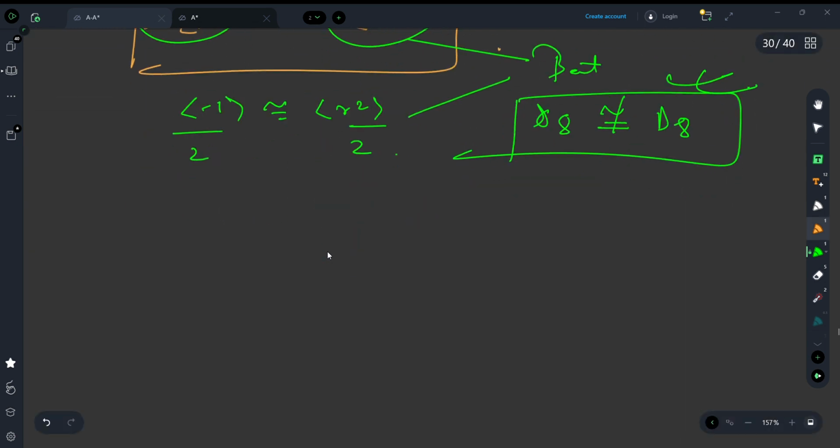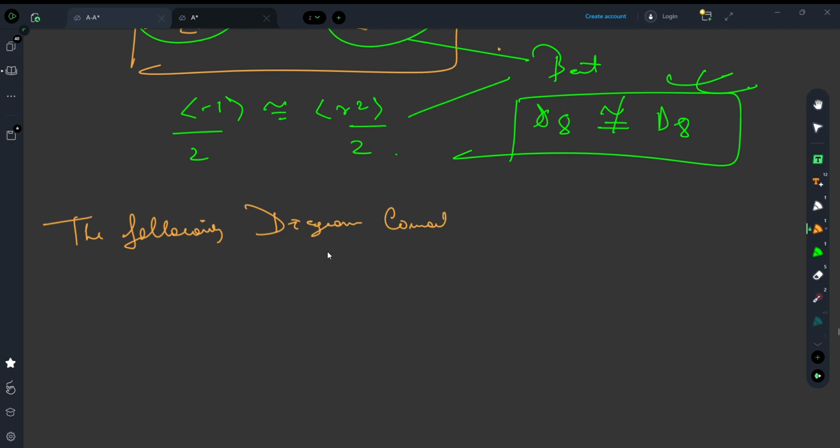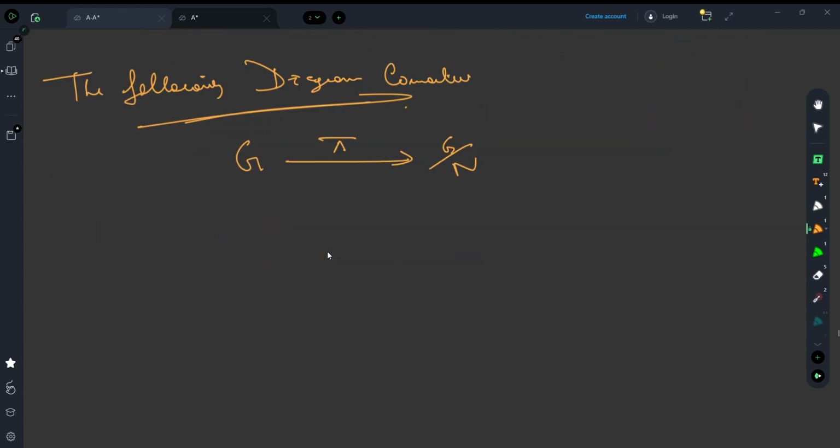And the commutative diagram I wanted to speak about while discussing the lattice isomorphism theorem was something of this sort. Let me just state it here: the following diagram commutes. It basically means that if you start with the group G, then you can map it via the natural map pi to G mod n. But then you can map G mod n to some subgroup H via a mapping psi, and then you map G directly to H via say phi.